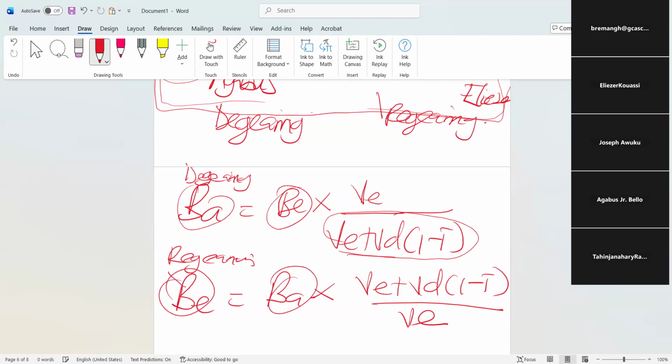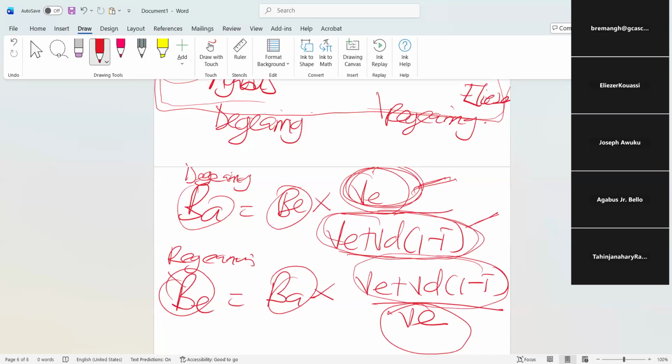What is important is flipping the numerator and the denominator here. Here it was VE. You see this one, which is the numerator, the upper one, here becomes the lower one. And the lower one became the upper one. You get it?